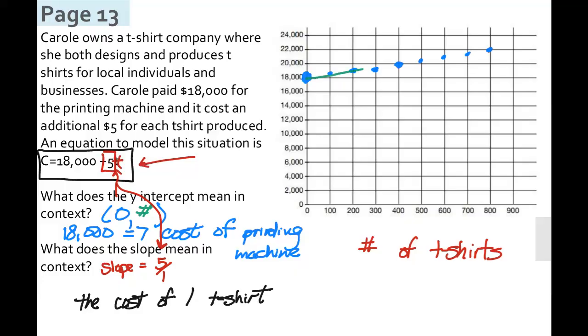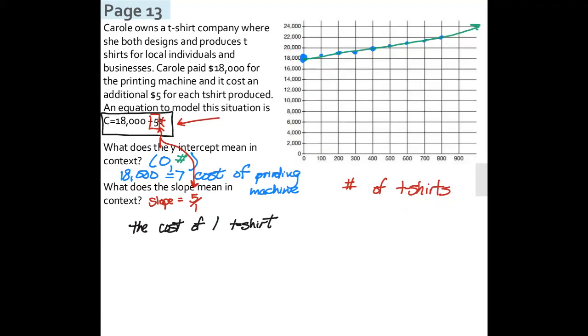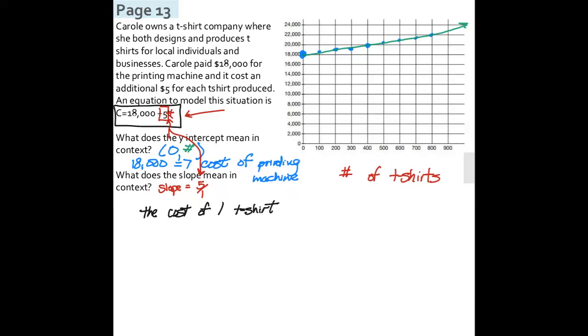So if we draw the graph, here's what it's looking like. Okay? Any question about this? So the y-intercept is the cost of the machine before she even orders any t-shirts to be making.